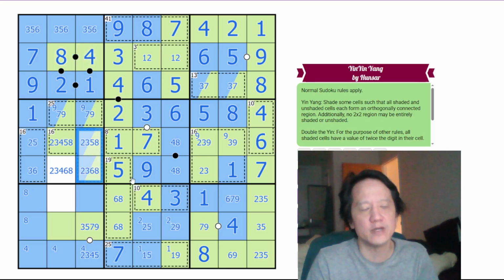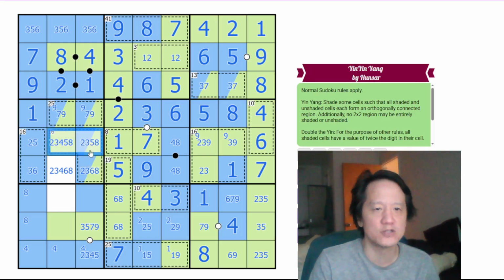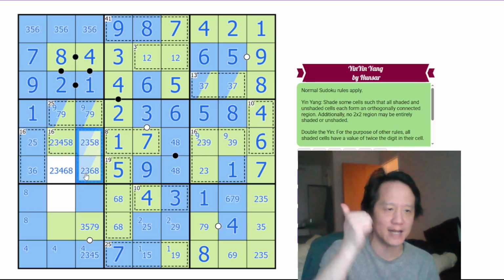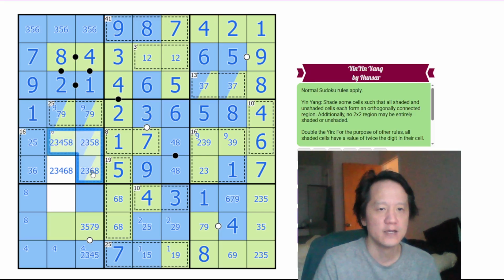4 cannot be here. Therefore, this must be the 2 or the 3 doubled. And we showed that they can't have the 3 doubled because that gets 6, and the other two digits must add up to 10. And without 1, 9, or 3, 7, it's either 2, 8, or 4, 6. But 4, 6, 3 being here makes this a 2, 6 pair to add up to 8 doubled, which adds up to 16.